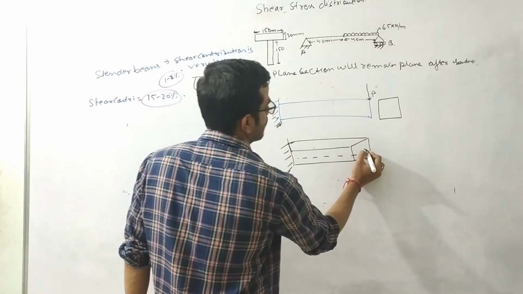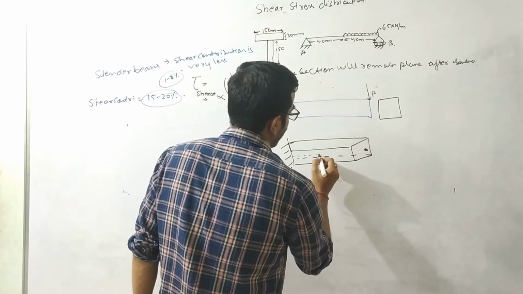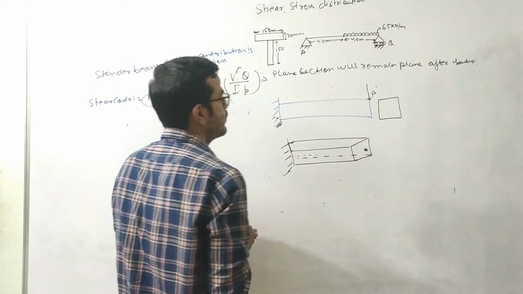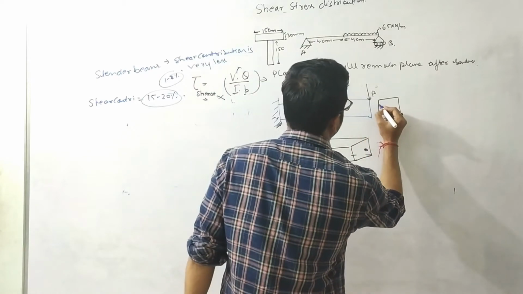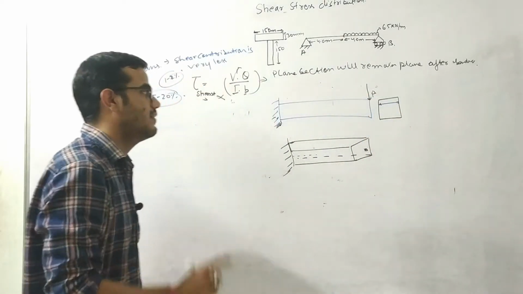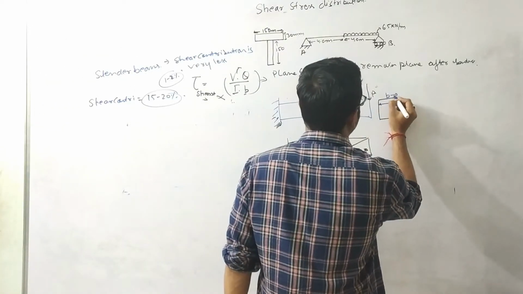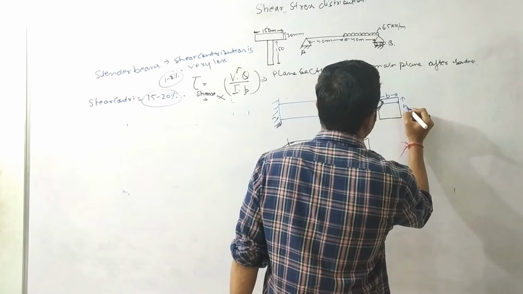I am calculating the shear stress at this level, where the width is B and the cross section depth is H.